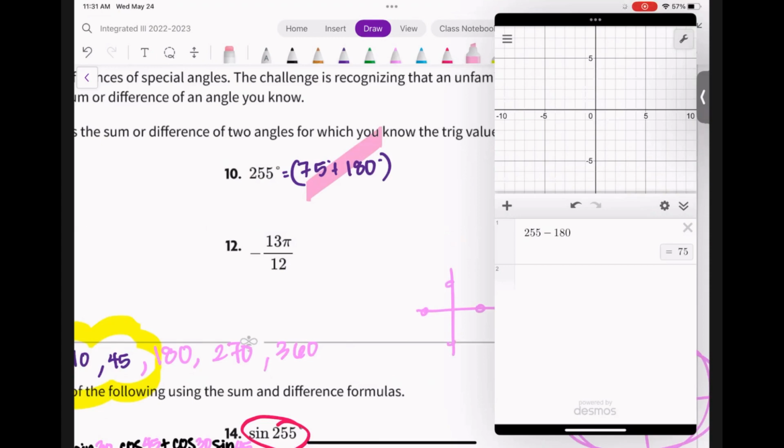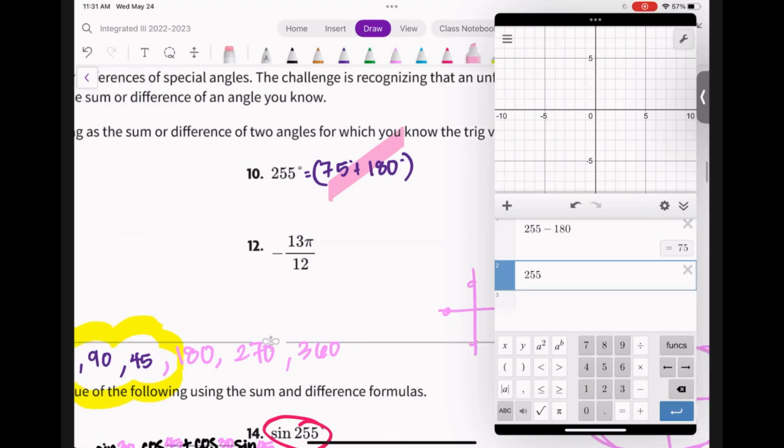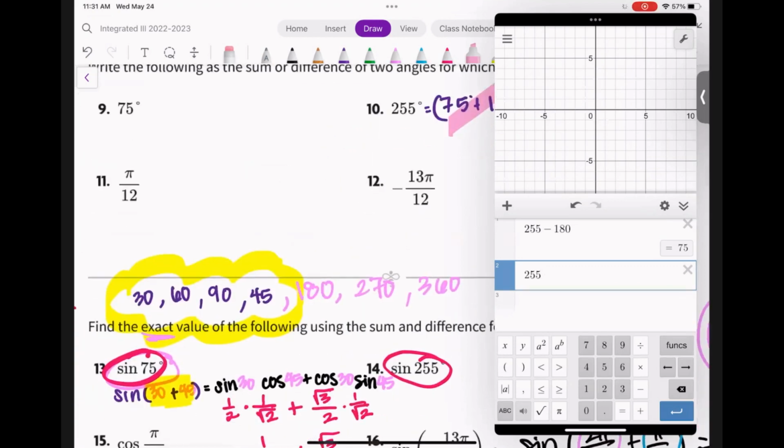So another way that I do this is I take 255 and I start subtracting off some of these guys. So for some reason, 30 and 60 are kind of like my favorite. So I'm going to start by subtracting 30 or 60 or 45 from there.